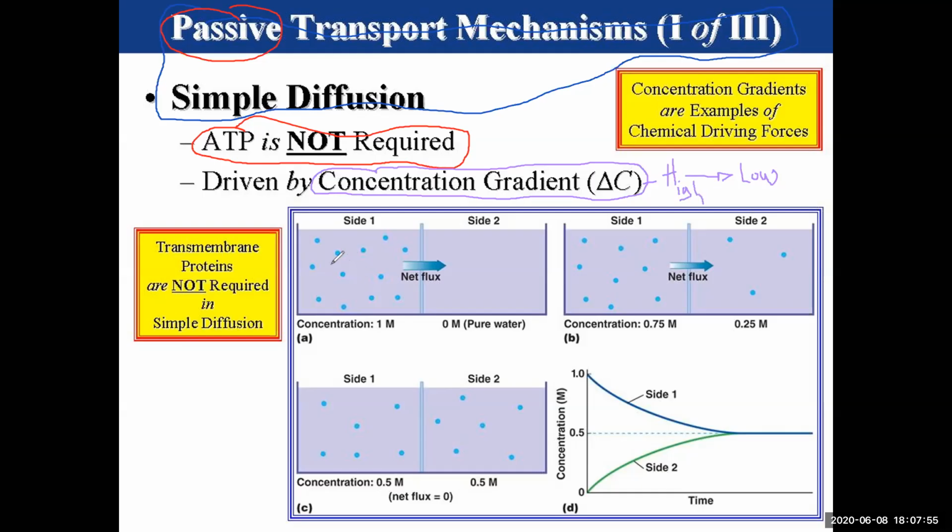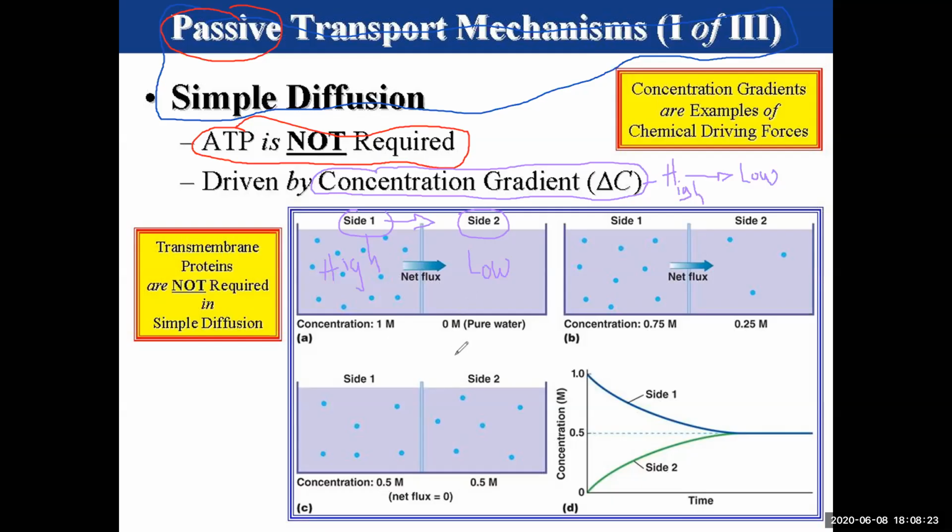So this is high concentration here. It's moving to another compartment, lower concentration. That's why you see here the arrow moving from site number 1 to site number 2, driven by concentration gradient.